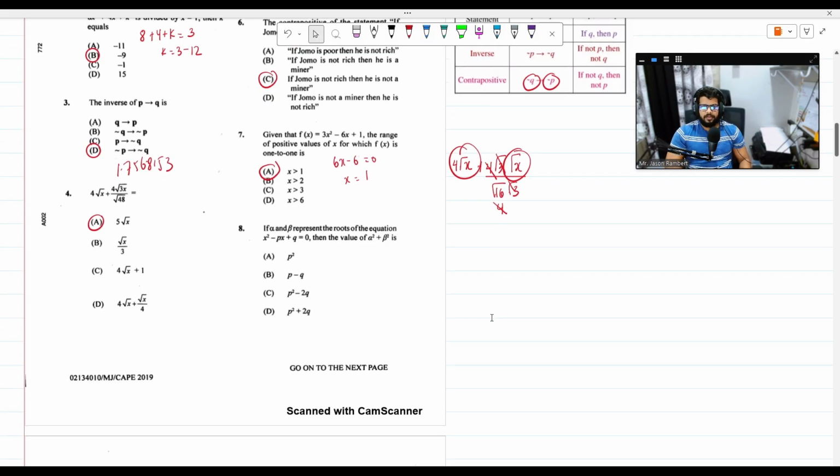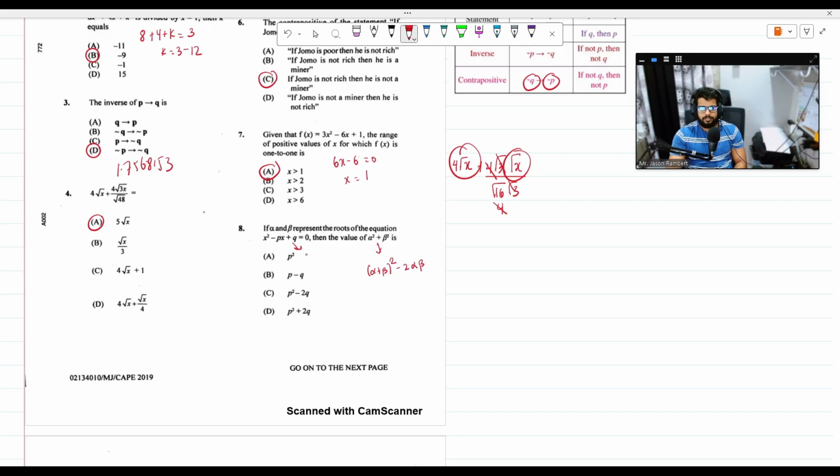If alpha and beta represent the roots of the equation, then the value of alpha squared plus beta squared is, well, alpha squared plus beta squared is going to be alpha plus beta all squared minus 2 alpha beta.